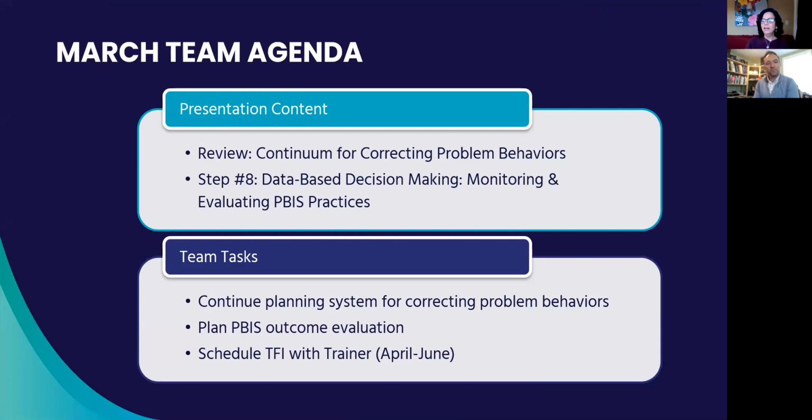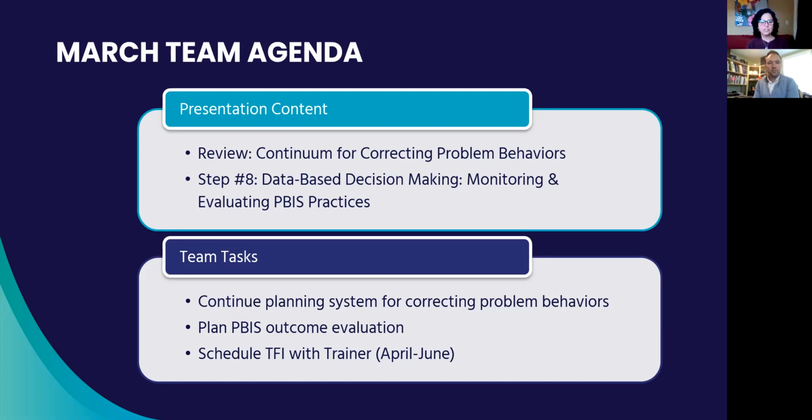So today's training, we're going to do a very quick review of our continuum for correcting problem behaviors that we worked on last time. And then we're going to move into step 8, which is database decision making for monitoring and evaluating your PBIS practices.